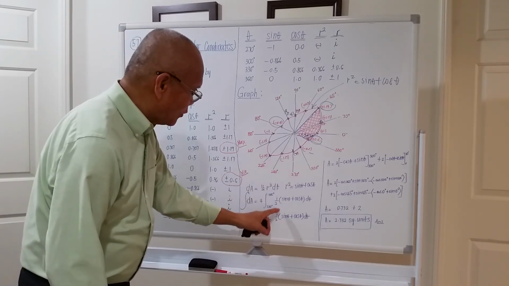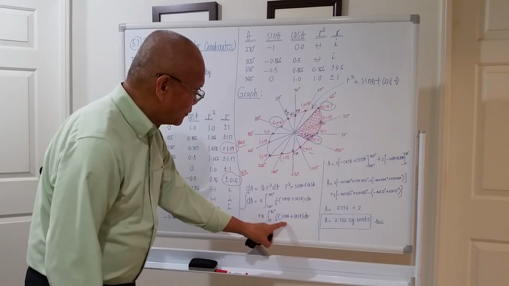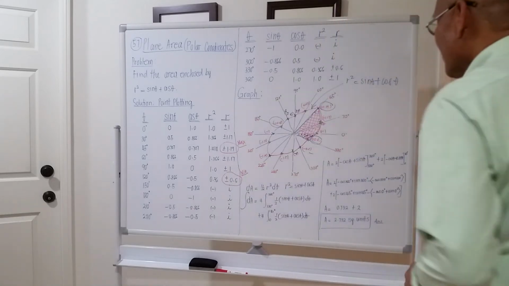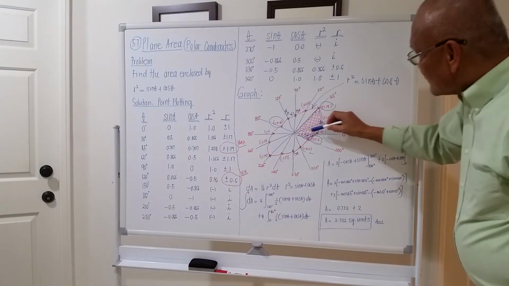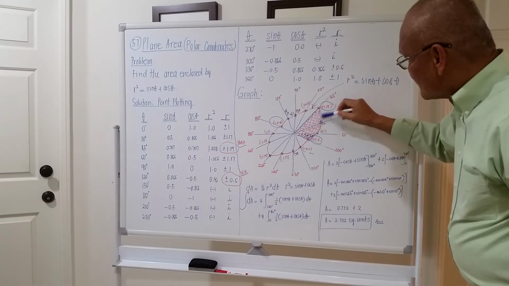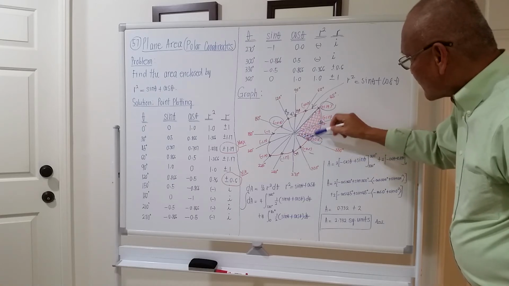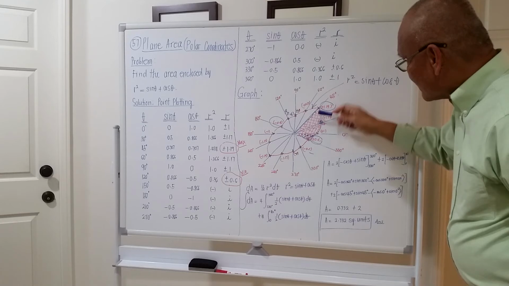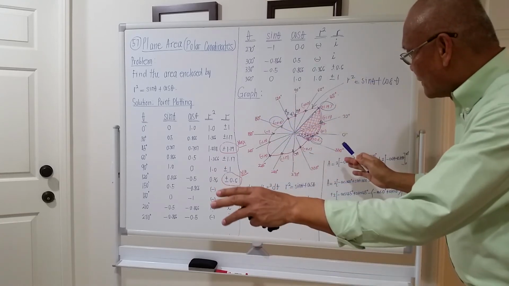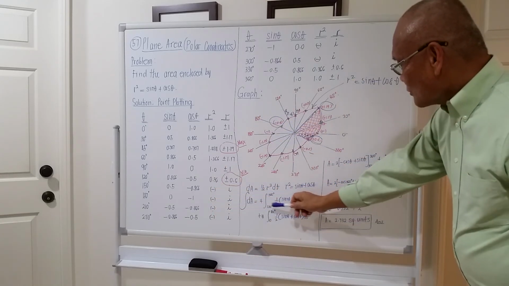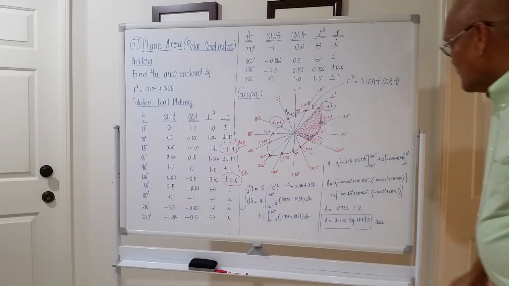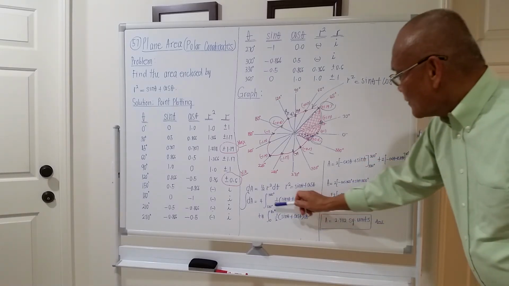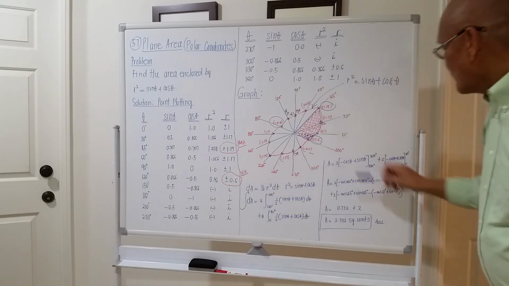Still the same equation, 1/2 of the quantity sine of theta plus cosine of theta, differential theta. 4 times this, plus the smaller one, 4 times this, okay? It is 1/4 area, and we multiply it by 4, okay? So this is actually 4 and this 4. Area now will be equal to 4 times 1/2, which is actually 2.